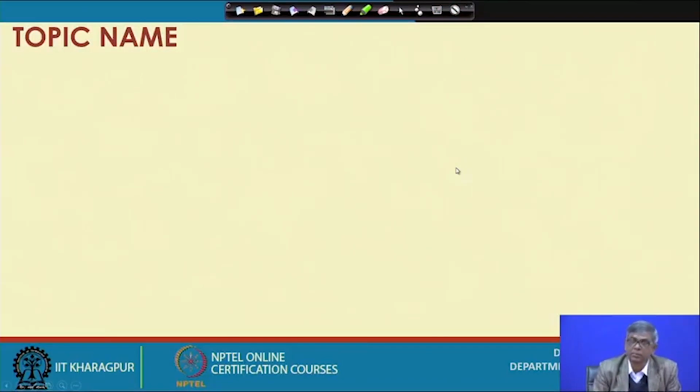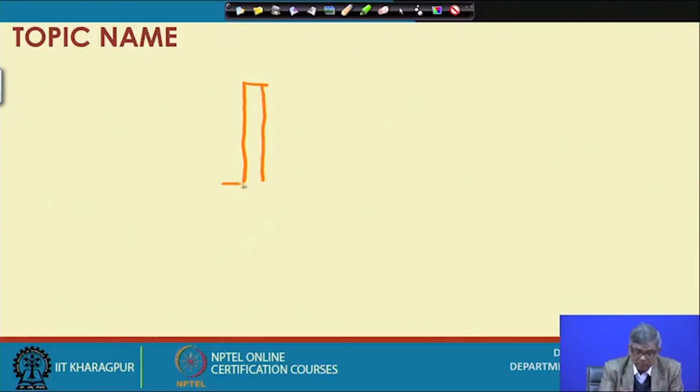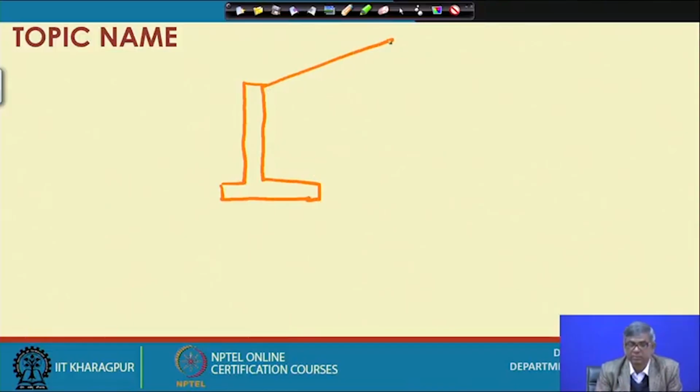That is, suppose we have, as I have mentioned, Rankine's theory and Coulomb's theory. Rankine's theory, suppose this is one wall, and the backfill is something like this.